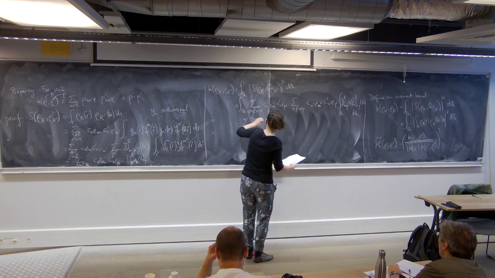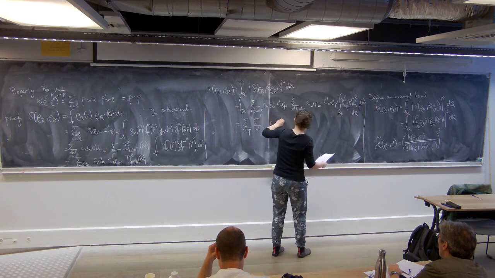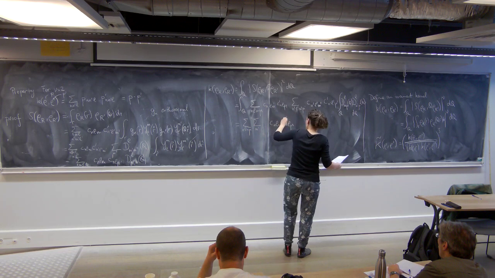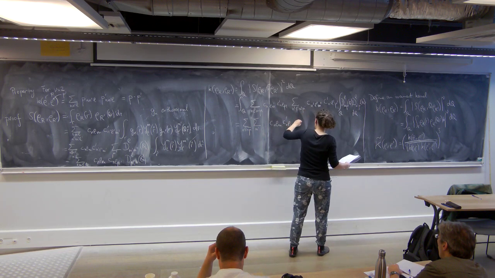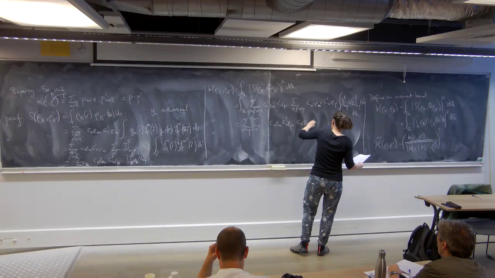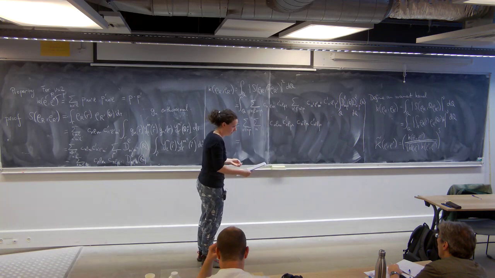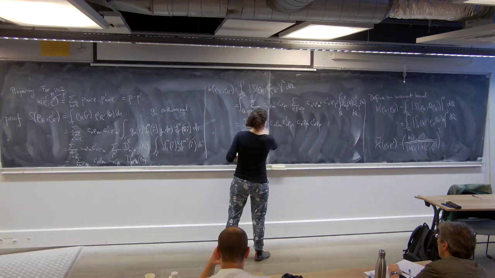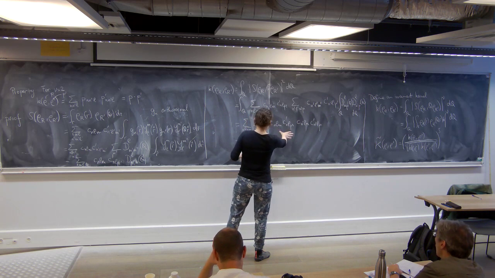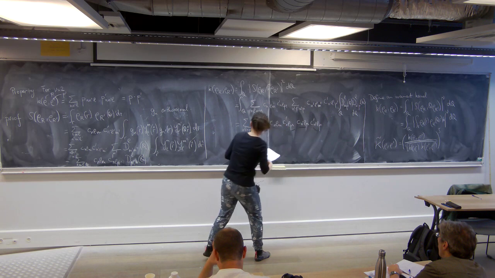Then I have C n l m, C n l mu, and C prime n prime l m, C prime n prime l mu. I can regroup the terms with C and the terms with C prime.